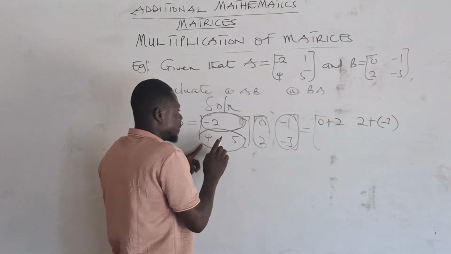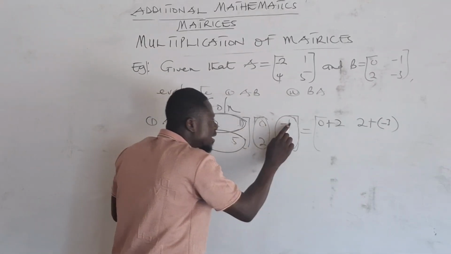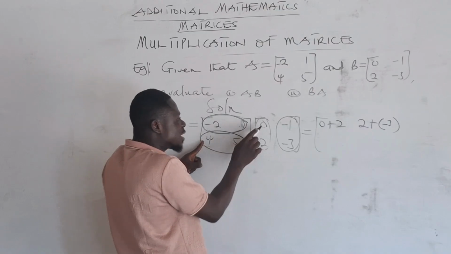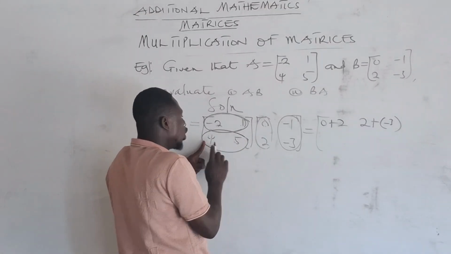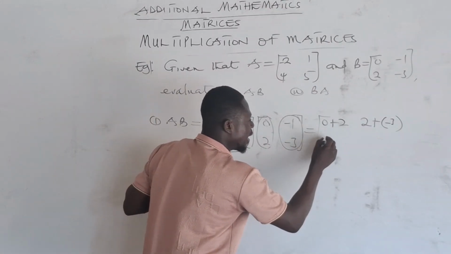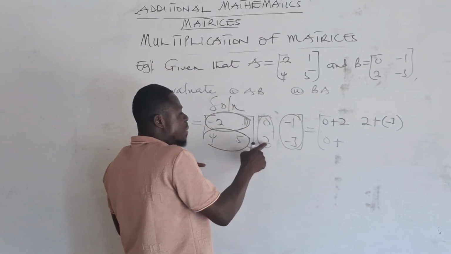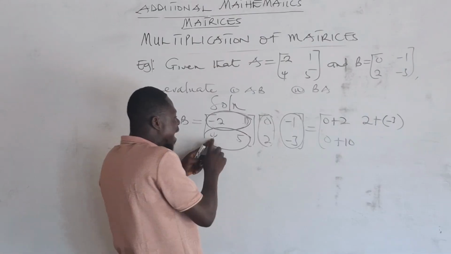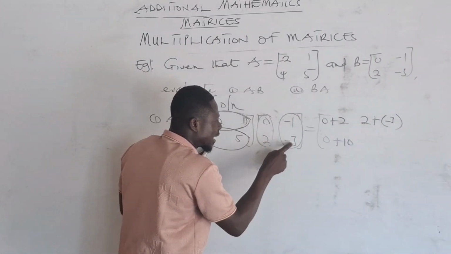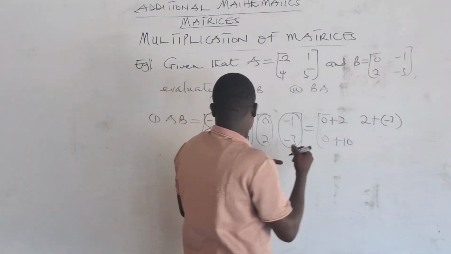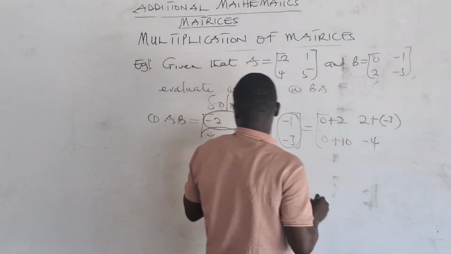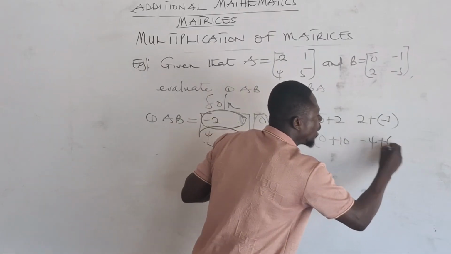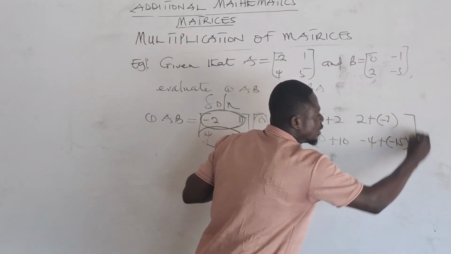With the first column, 4 will multiply 0, 5 will multiply 2. So what is 4 by 0? That will be 0, plus 5 by 2 will give us 10. Now let's go to the second part. 4 by -1 will be -4, and then 5 by -3 will be -15. So this is what we have.